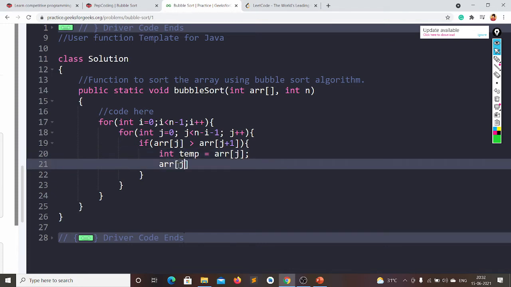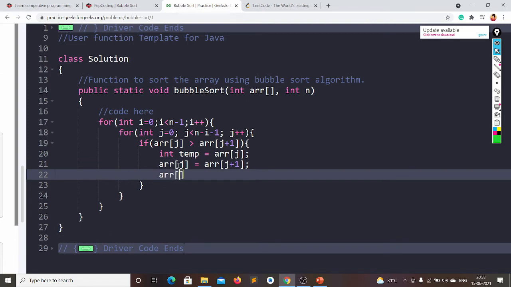Don't worry, I will also explain what I explained before through this code. Then temp is equal to array of j, array of j is equal to array of j plus 1, and array of j plus 1 is equal to temp. So that's it about this code.